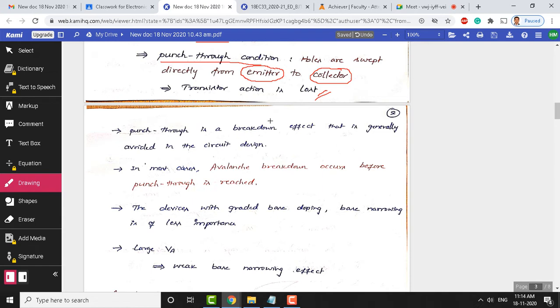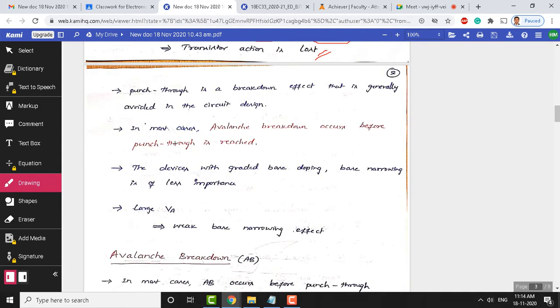So, punch through is a breakdown effect that is generally avoided in circuit design. But when we compare the breakdowns in a transistor, avalanche breakdown and punch through, the avalanche breakdown mechanism happens earlier compared to the punch through mechanism.